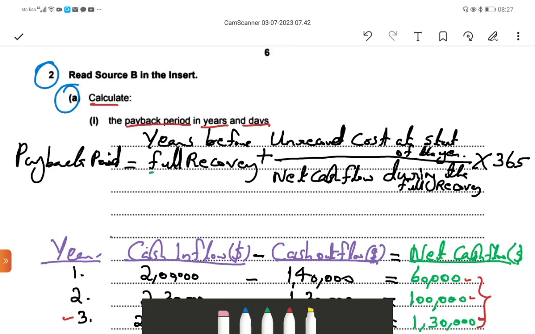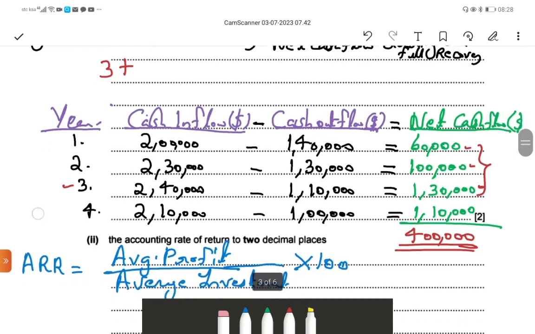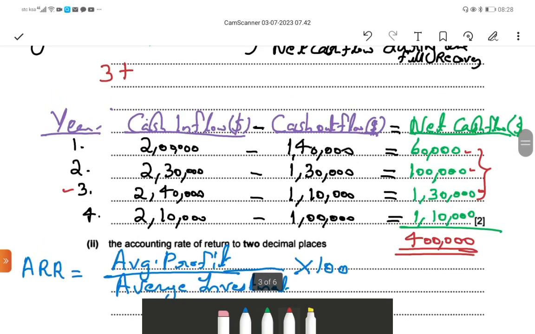The payback period is equal to 3 plus the unrecovered cost at the start of the year. Here 300,000 is the machine value, but we have recovered 290,000.